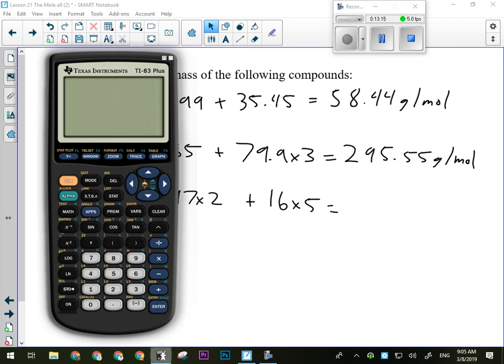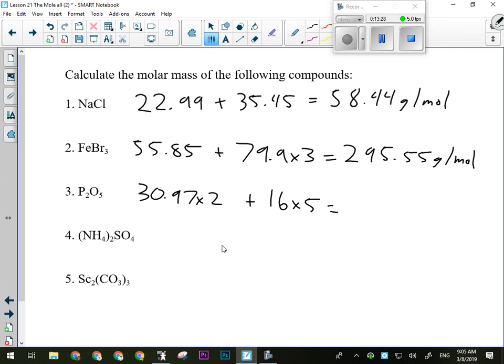So we're looking at 30.97 times 2 plus 16 times 5. All right, so 141.94 grams per mole for our molar mass of diphosphorus pentaoxide.